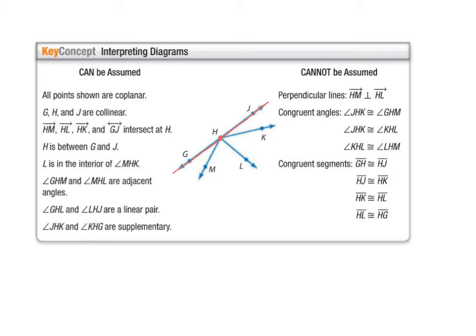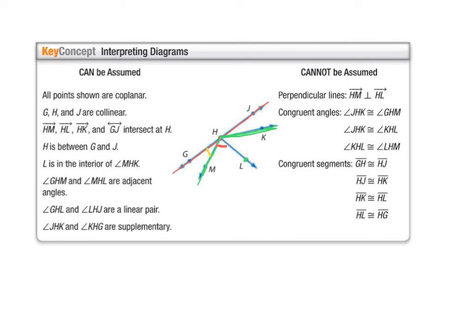H is between G and J, and then L is in the interior of the angle MHK. So that's my green angle, and L is in the interior of the angle. GHM, which is yellow, and MHL, which is red, are adjacent angles, meaning they're right next to each other.